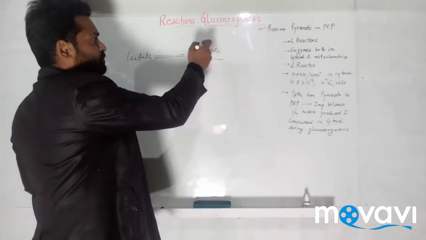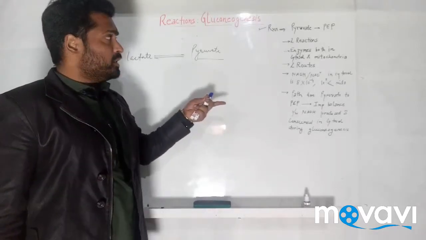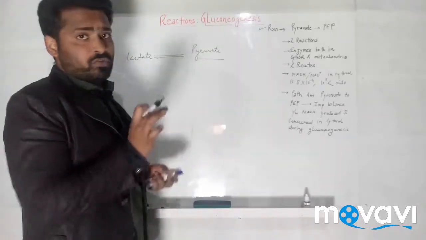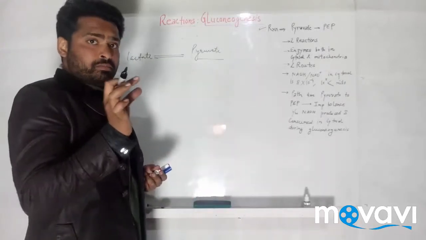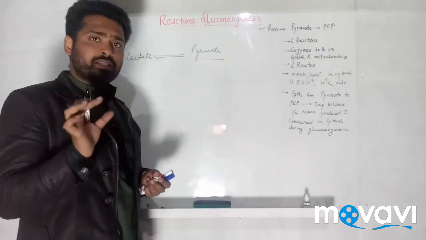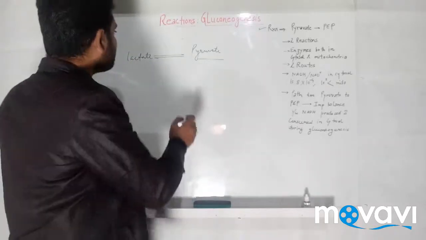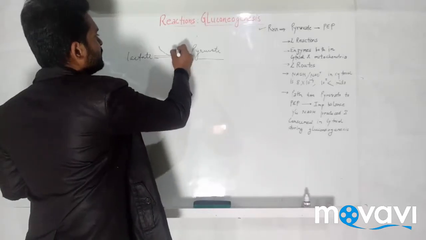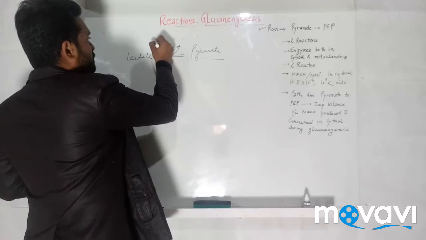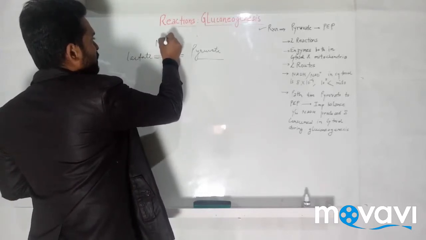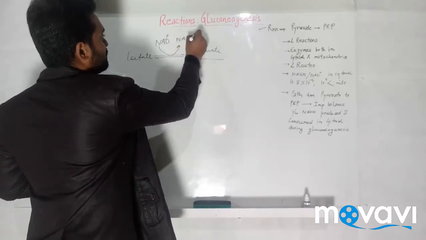Then this pyruvate is further converted into PEP, and the reactions would be the same. Those two reactions are catalyzed first by pyruvate carboxylase and then PEP carboxykinase. But there would be one more difference, I will tell you. This lactate is oxidized by the oxidizing agent NAD positive, and this would be converted into NADH plus H positive.